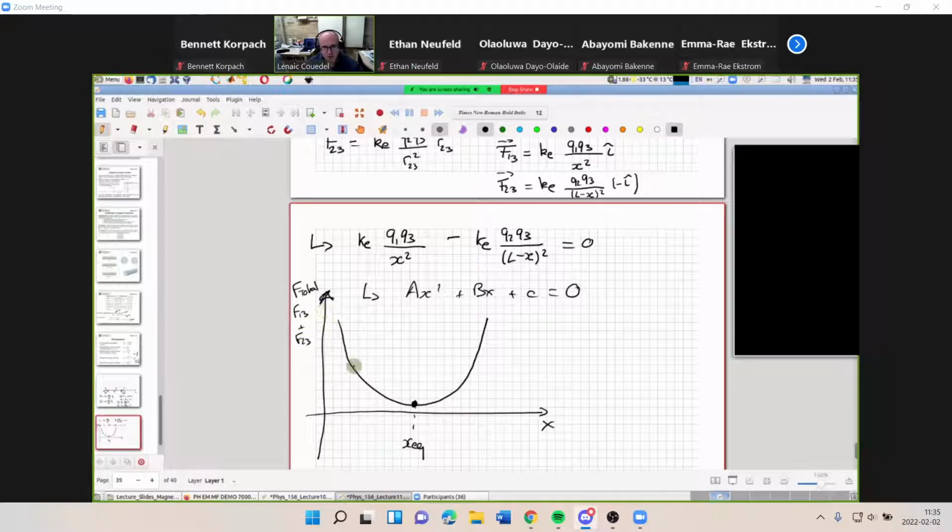If it has this shape, and you move charge 3 here, actually, this is not the force, this is the total potential energy. And the force is related by minus dV over dx.